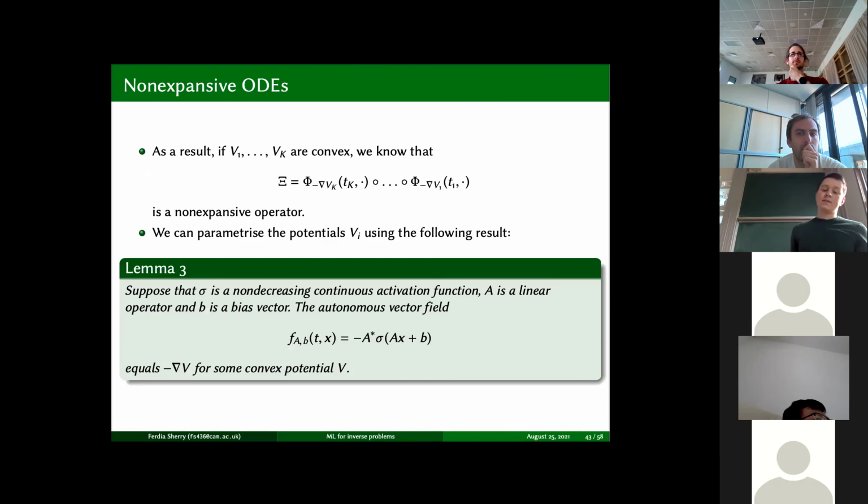So if we have this, we can compose these flow maps, and we end up with a non-expansive operator. And a simple observation is that there's always going to be an underlying learnable convex potential if you parameterize your vector field in this simple neural network way.